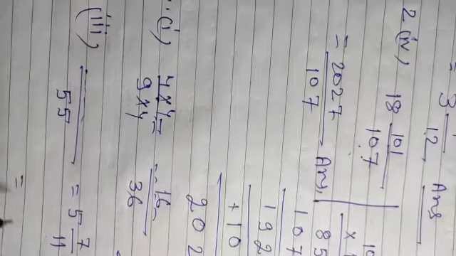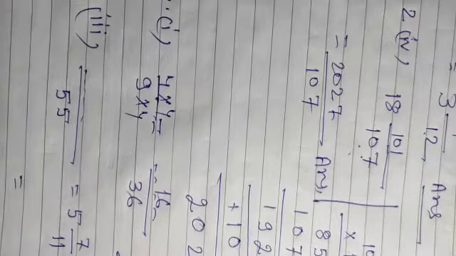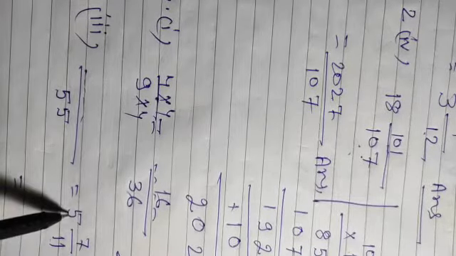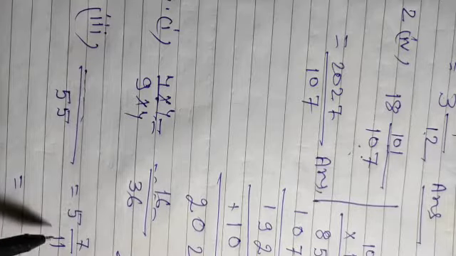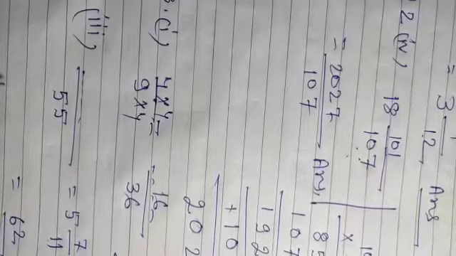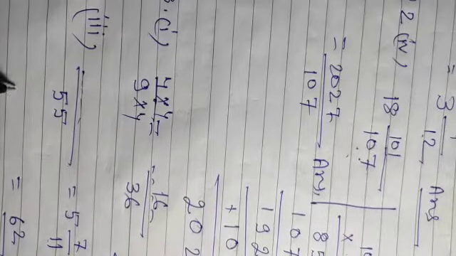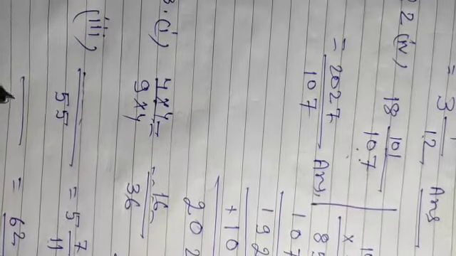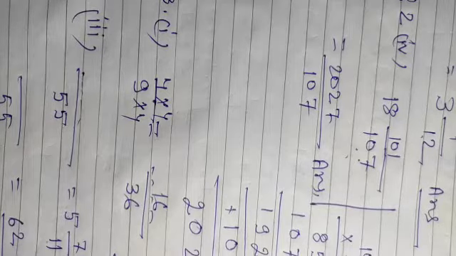Now listen. First change this into improper fraction. 11 fives are 55 and 55 and 7 is 62. 62 by 11. Here it came 55. So 11 was multiplied by what that it became 55? Yes, naturally, 11 into 5 became 55.